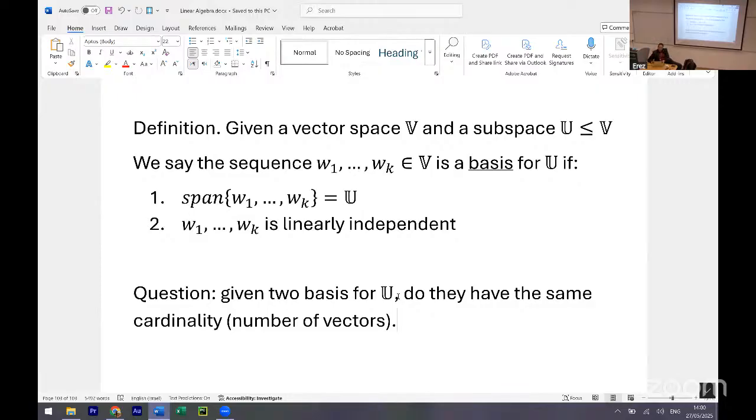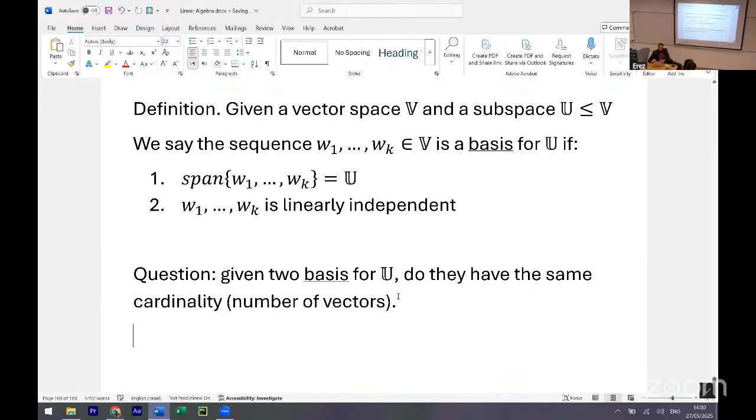The answer I will just tell you, and after the break I'll prove it to you. It must be the same number, and that number is defined to be the dimension: how many vectors there are in the basis. Okay, enough for now. Let's take a break until quarter past.